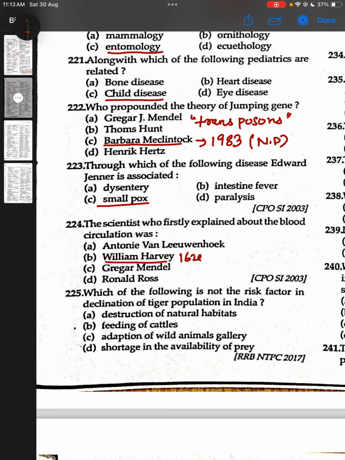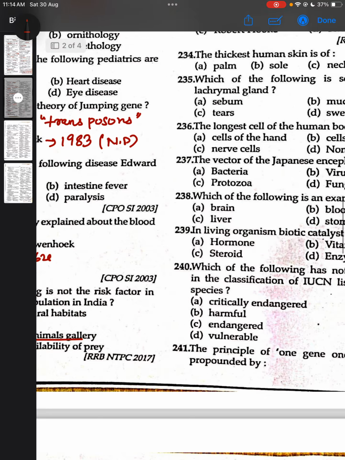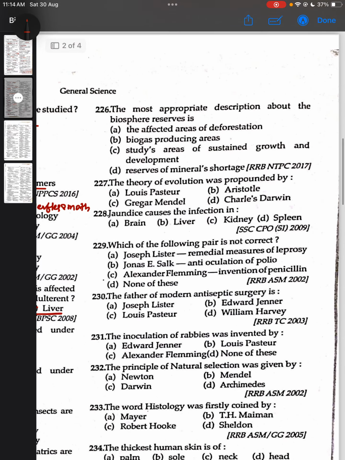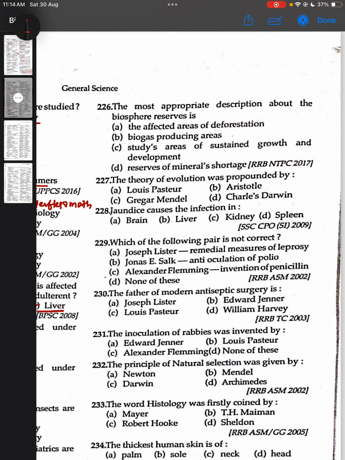Which of the following is not a risk factor in the declination of tiger population in India? Correct answer is adaptation of wild animals gallery. The most appropriate description about the biosphere reserve is the study area of sustained growth and development. The theory of evolution was propounded by Charles Darwin.